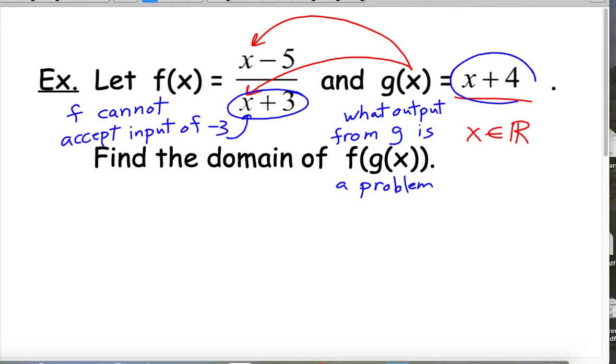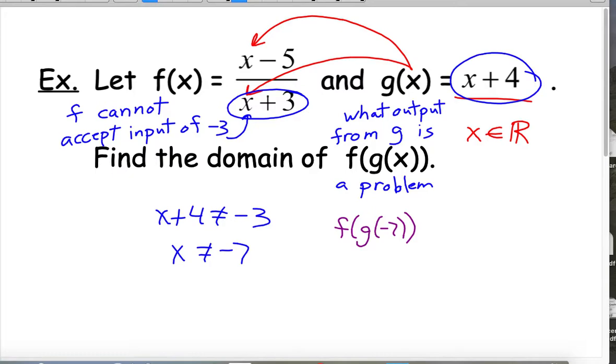Well, when would this give you a negative 3? Well, if I subtract 4 to the other side, x cannot equal negative 7. So if I tried to actually evaluate f of g of negative 7, I'd send negative 7 to g, and that would give me negative 3. And then I would try and do f of negative 3, and I'd have a problem in the denominator. I'd have a divide by 0.